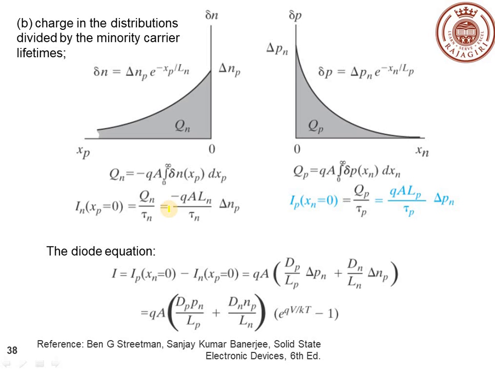Then the depletion region and its expression we have seen. The contact potential, the concept and the equation, we have seen. Then we have seen the concept of space charge density in the junction. Then we have derived the current equation through a PN junction using two methods, the slope method and the charge method. Thank you.